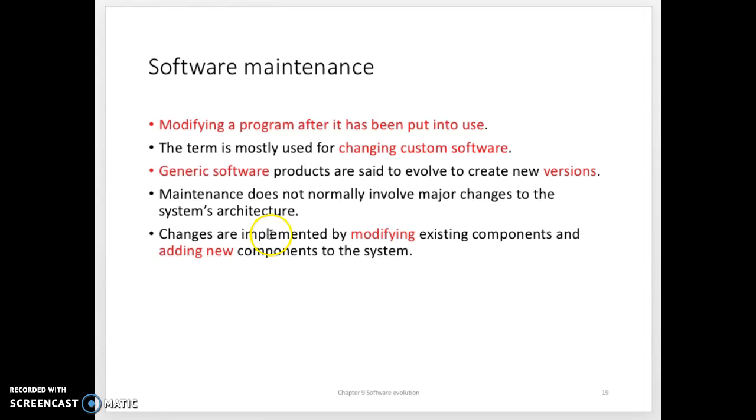Maintenance does not normally involve major changes, especially to the system architecture; it has minor changes. These changes are implemented by modifying the existing components and adding new components, so it might be modification or addition.